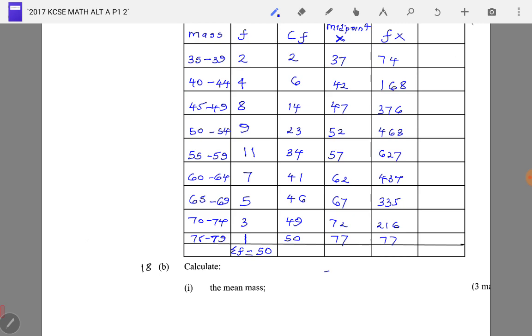Then we also get sigma fx, which is the sum of frequency times midpoint. So we add all the values, and our sigma fx will give us 2775.